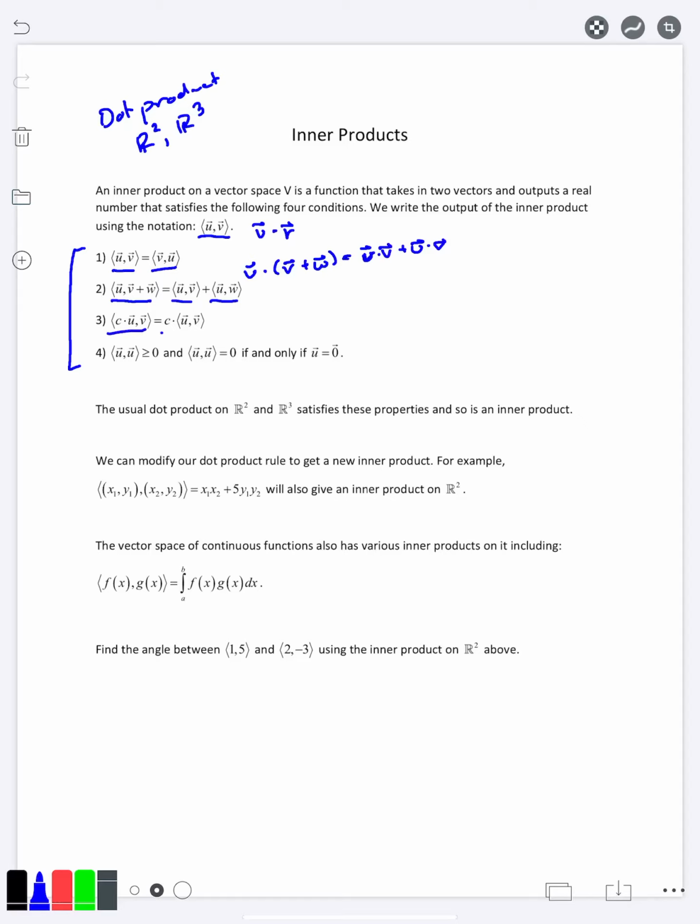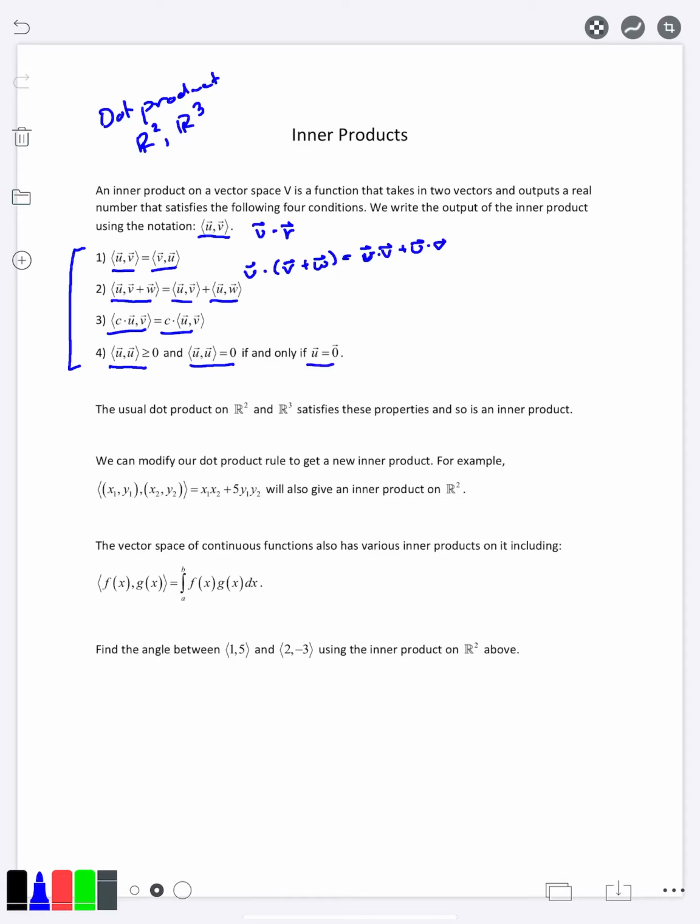Property 3 says that if you have a constant, you can pull it out of the dot product, or the inner product here. And property 4 is maybe the only one that seems particularly off or different than the rest. It says that if you dot product or inner product something with itself, it can never be negative, and the only time the answer is 0 is if the vector you started with was 0.